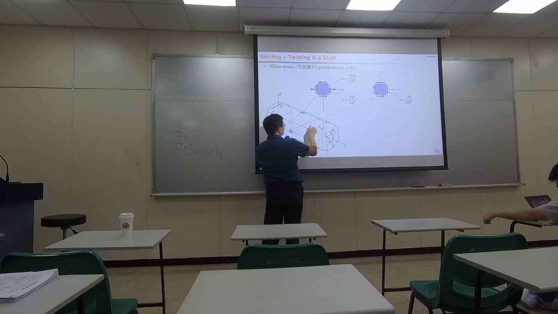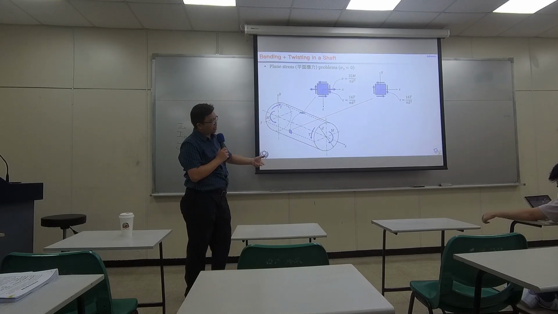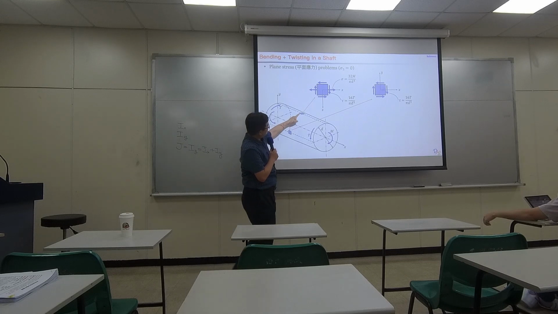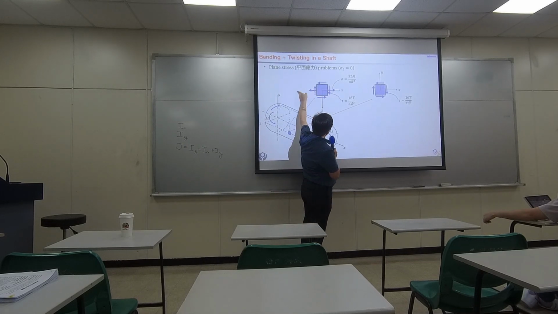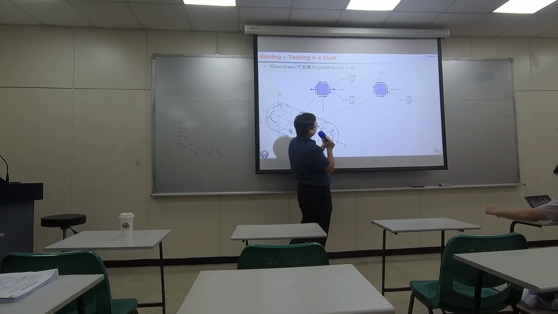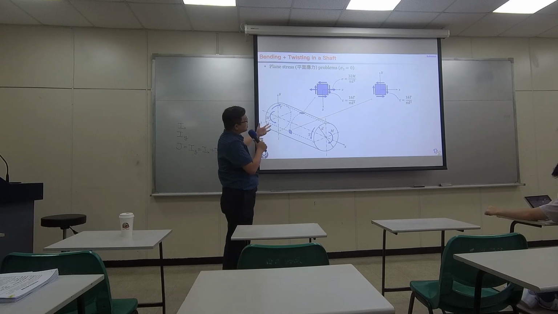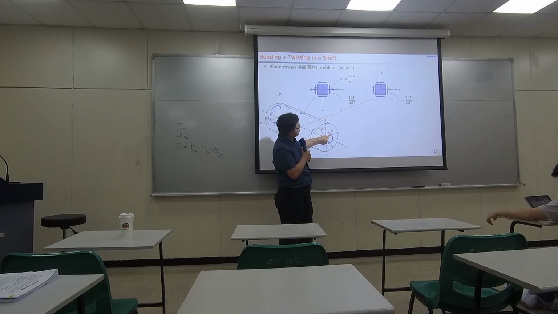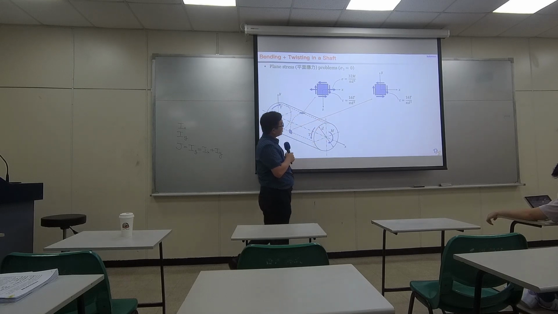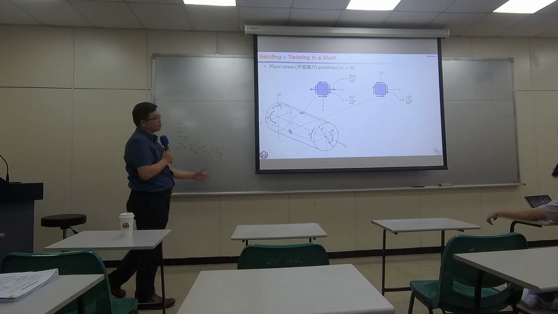These two forces generate the stress at this point. That's why we have this pulling normal stress going left and right, and the amount can be computed as 32 times the moment over pi d cubed. That was mentioned earlier.